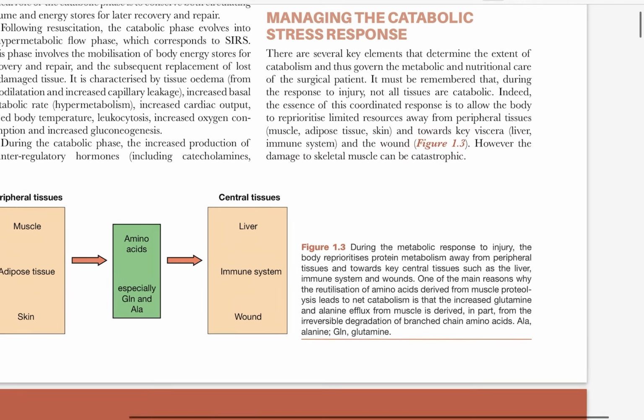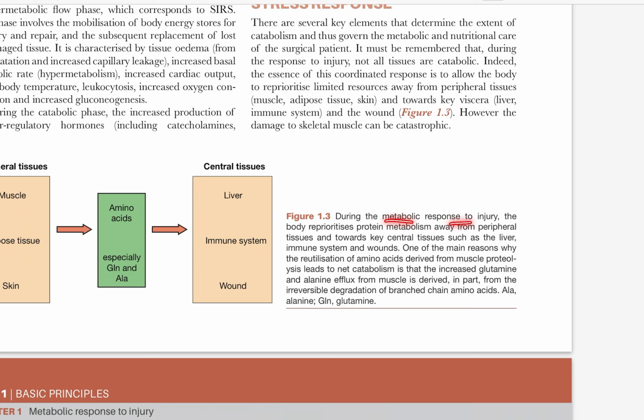As in figure 1.3, during the metabolic response to injury, the body prioritizes protein metabolism away from the peripheral tissues and towards the key central tissues such as liver, immune system, and wounds. One of the main reasons why reutilization of amino acids derived from muscle proteolysis leads to net catabolism is that the increased glutamine and alanine influx from muscle is derived in part from irreversible degradation of branched chain amino acids.